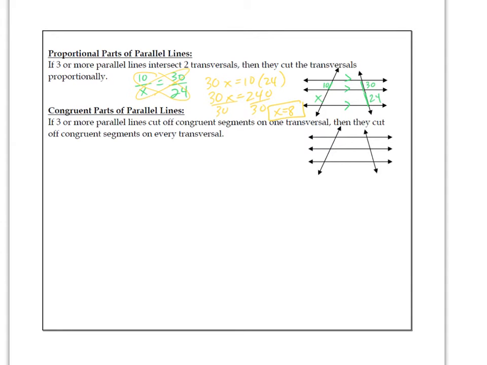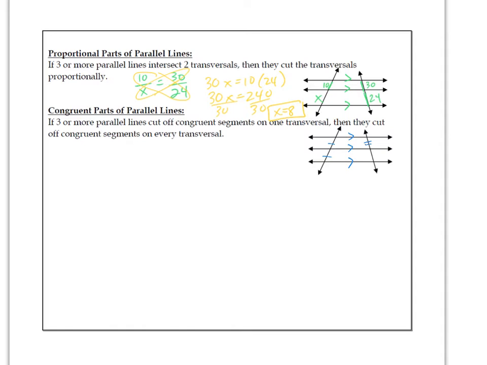Okay, next thing, congruent parts of parallel lines. If 3 or more parallel lines cut off congruent segments on one transversal, then they cut off congruent segments on every transversal. So let's say these are parallel, and let's say this is congruent to this.